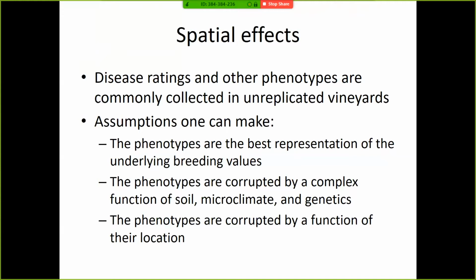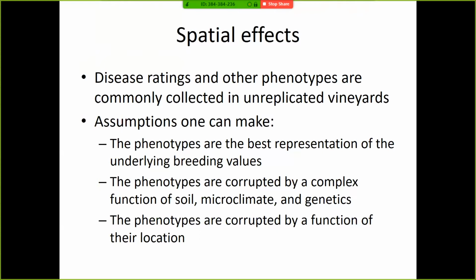However, the problem with this is that we really don't have the data to fit this model, because we do not have meter by meter soil data in our vineyards. So one could use the location of the vines as a proxy for that effect.